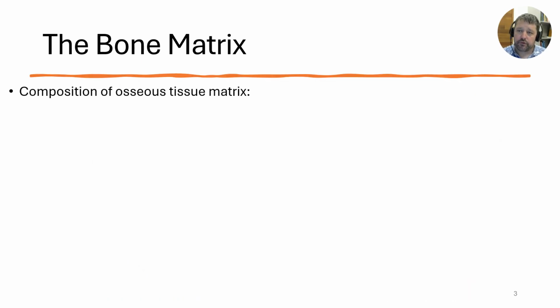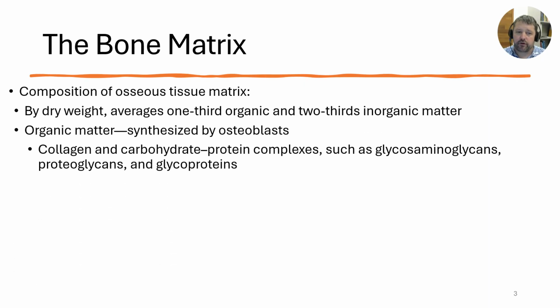All right, so if we're talking about osteosis or bone tissue matrix, let's talk about what this bone material is made of. First of all, one third is organic. One third is what we would call carbon-based molecules, made by the organism, and that's what we call an organic molecule.